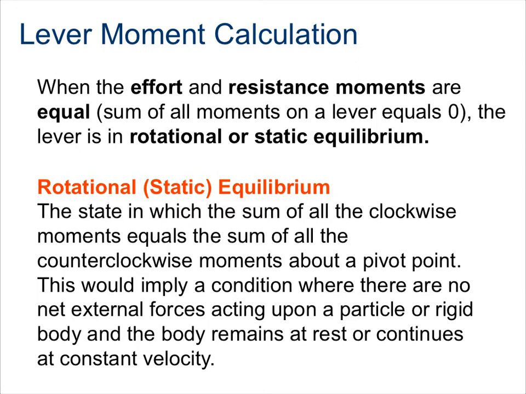The formal definition of rotational or static equilibrium is the state in which the sum of all the clockwise moments equals the sum of all the counterclockwise moments about a pivot point. This would imply a condition where there are no external forces acting upon a particle or rigid body, and the body remains at continued velocity or at rest. That would imply that there are no velocity changes or acceleration.